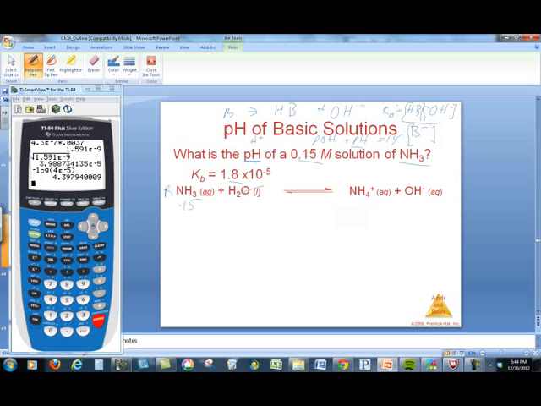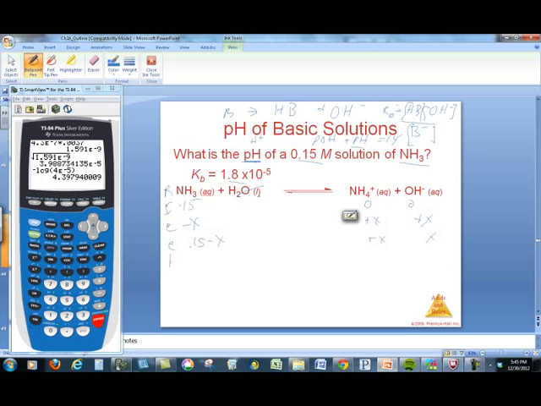Alright, I start off with 0 of these. That's my initial. My change is I lose some x of that and gain the same x of these. So my equilibrium is 0.15 minus x. Here it's plus x, and here it's x.